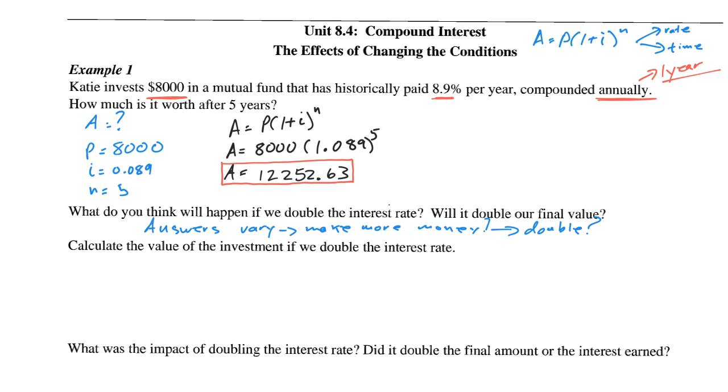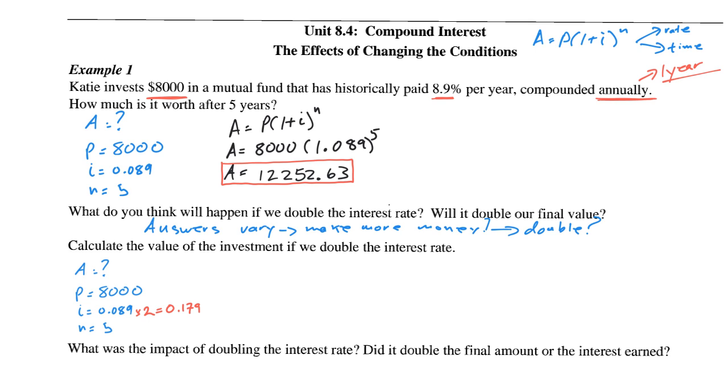So now let's calculate the value of the investment if we use the same P, but then we double the interest rate. So basically we've got A again, 8,000, but this time we're going to multiply the 0.089 by 2 to get 0.178.